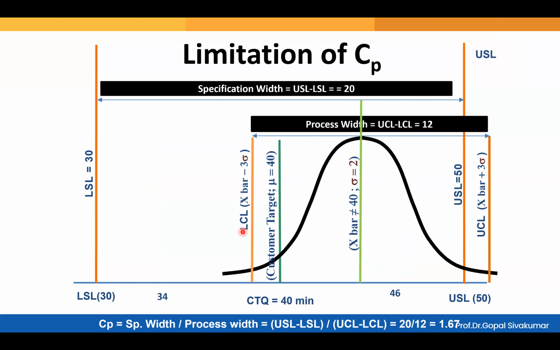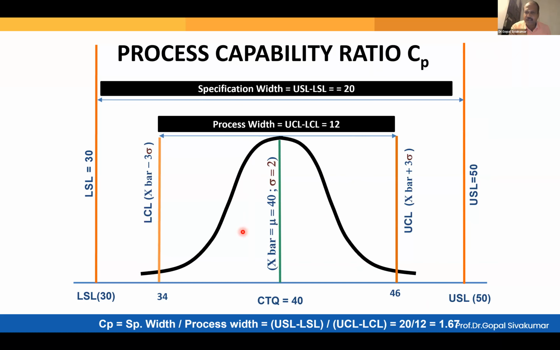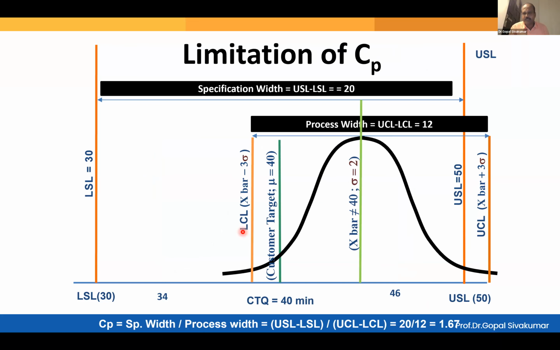Now, for the same scenario, it is like having a car smaller than the parking area. Now I change the driver. Now the driver is a new person who doesn't know how to drive. Now you see what happened. Earlier, the earlier driver was driving exactly at the center. Am I right?